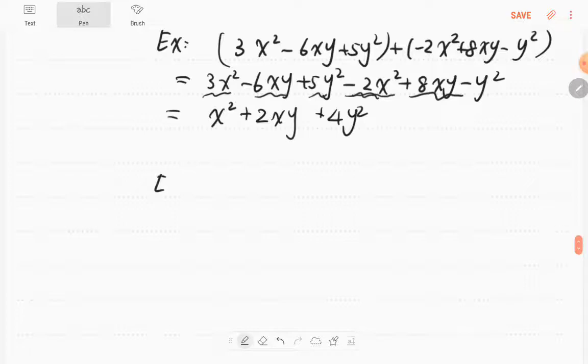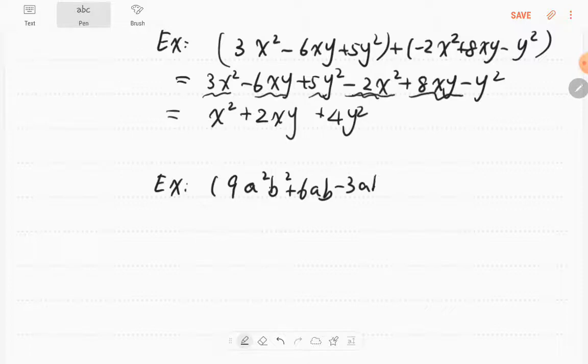We could also do the subtraction. It's still the same rule. If we do the subtraction, we treat it as the addition. Subtract a polynomial just like add the opposite of that polynomial.